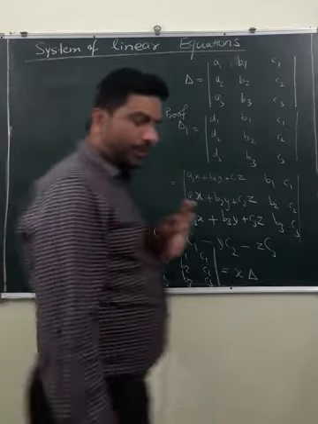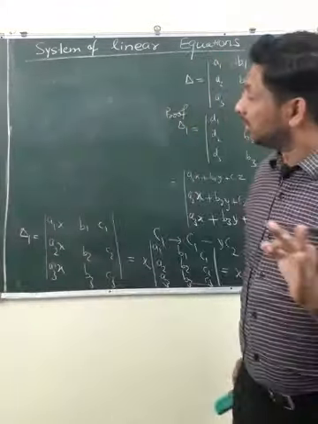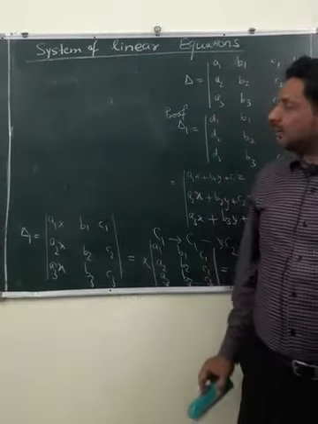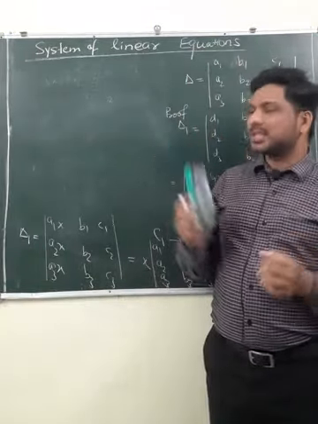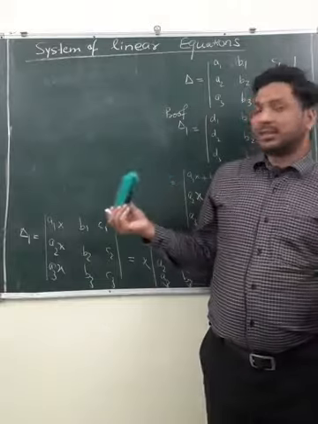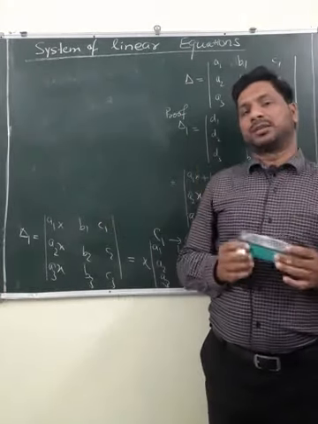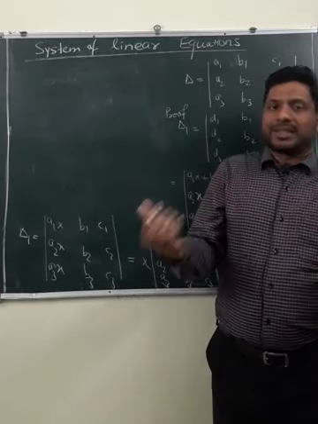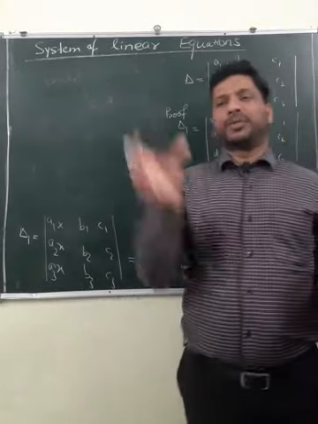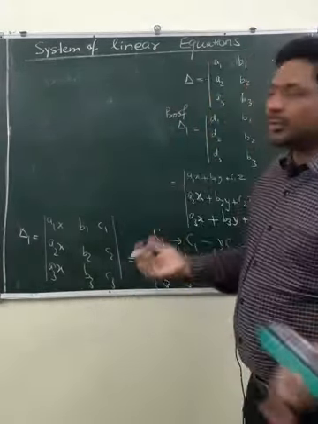Now I will come to the solution part. Before reaching that, there are three cases for this system. Sometimes we get a unique solution, meaning one set of three numbers, which I can call a triplet. One triplet which will satisfy all these equations, that means one solution.